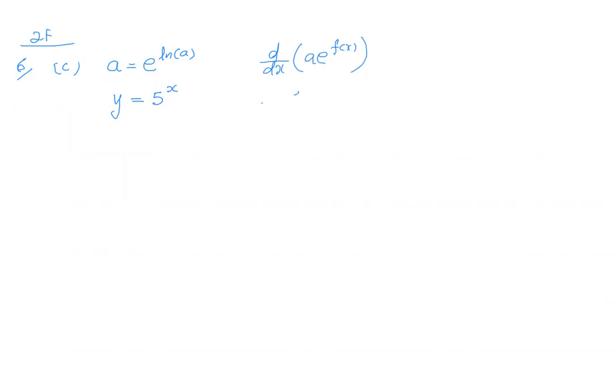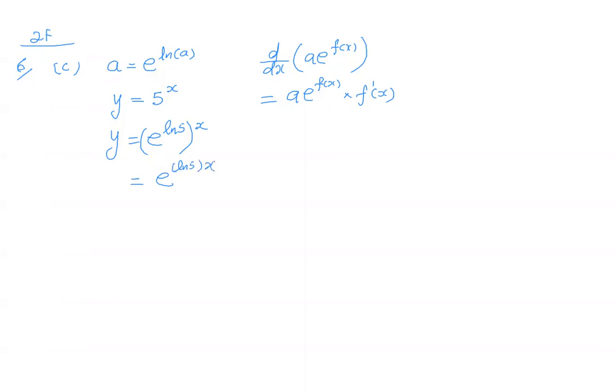That is, copy down the whole thing times by the derivative of the power of e. So now I convert this to become e to the power of (ln 5) times x. So ln 5 is a constant.